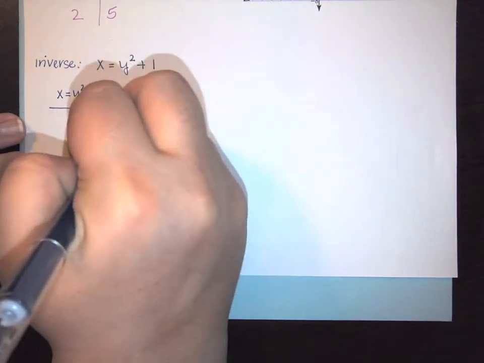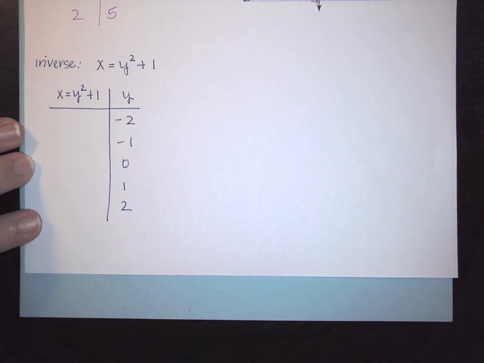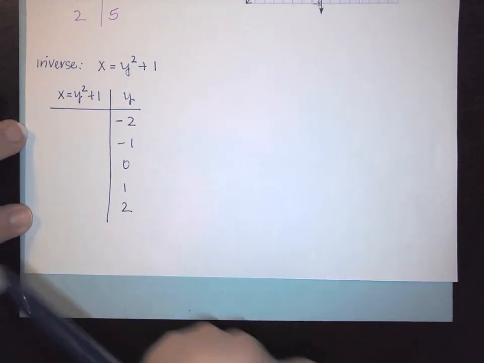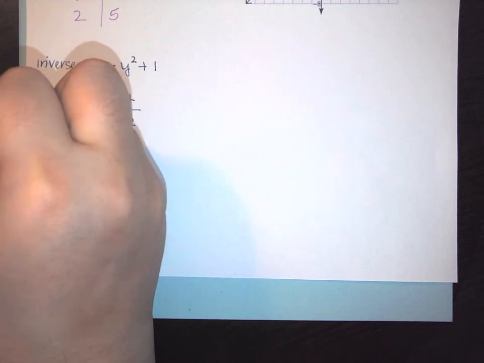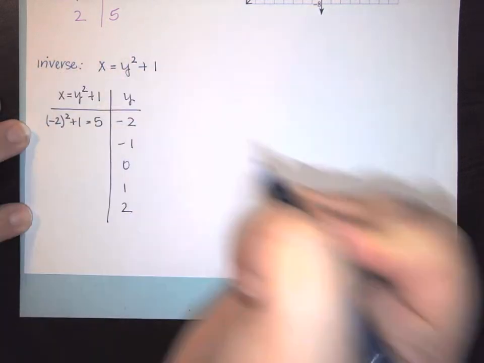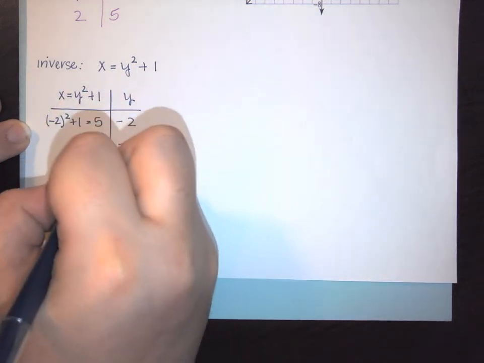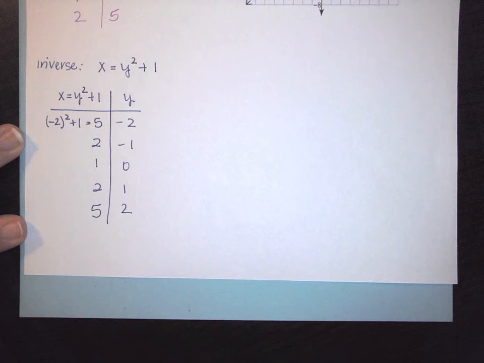Okay, so here I'm going to use -2, -1, 0, 1, and 2, just like I did for my original graph. And then just like the original graph, I'm going to plug them in. So in this case, again, this is -2 squared plus 1, which gives me 5. We're then going to have 2, 1, 2, and 5.